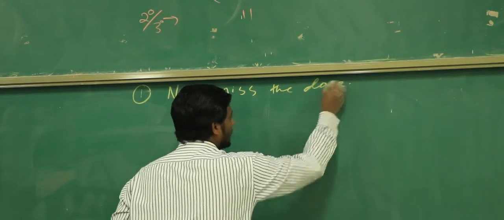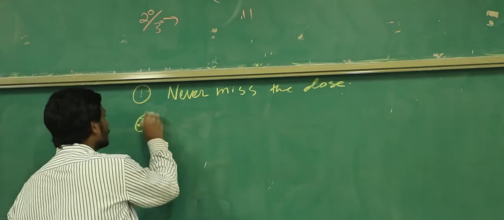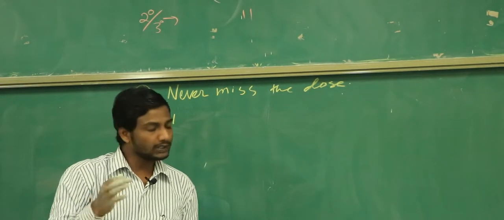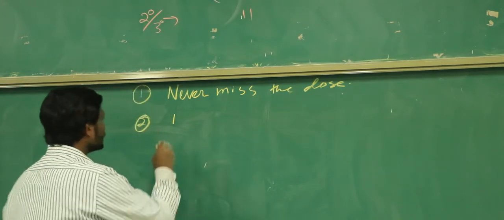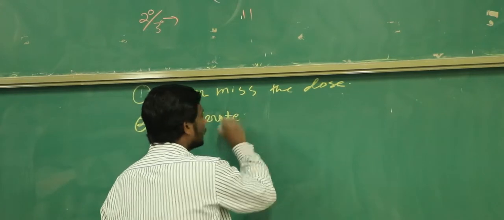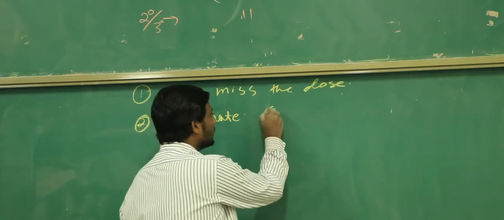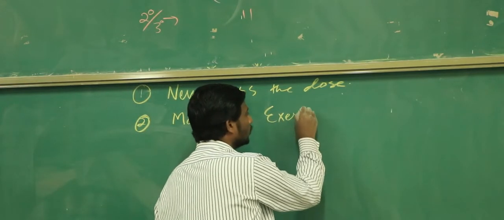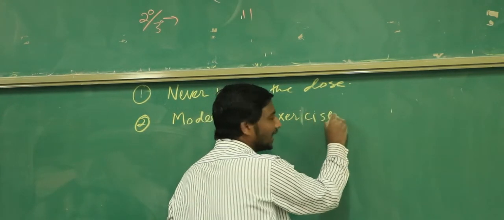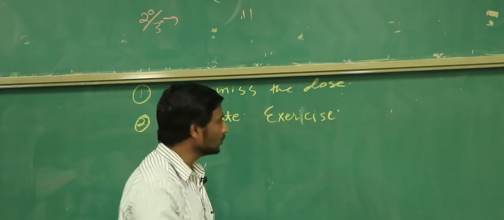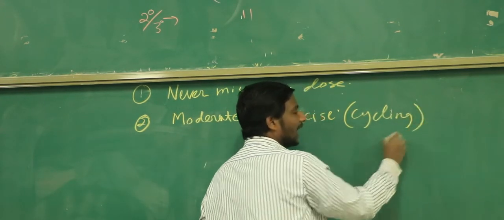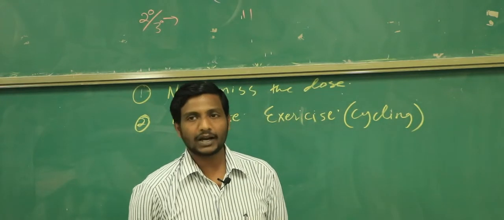And the second advice is very important: whenever the patient goes through some moderate exercise, a little amount of vigorous exercise is okay, but whenever somebody goes for moderate exercise, for example, let's say somebody planned that tomorrow is the weekend, so let's do cycling, and in the exam they are always going to use this one, cycling, that a patient has adrenal insufficiency, is under glucocorticoids and plans to go cycling.